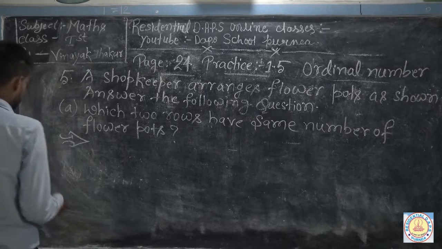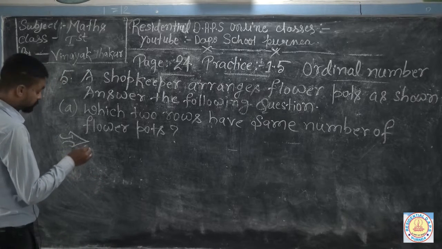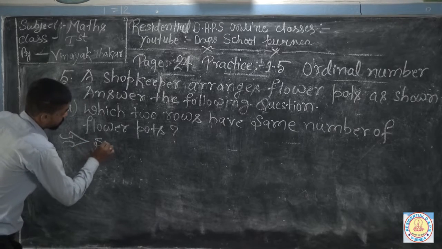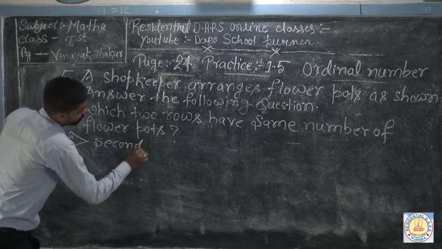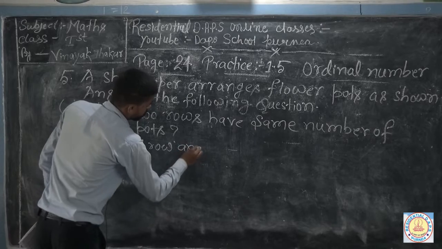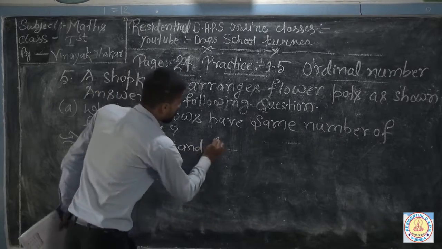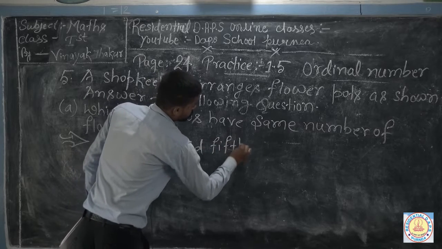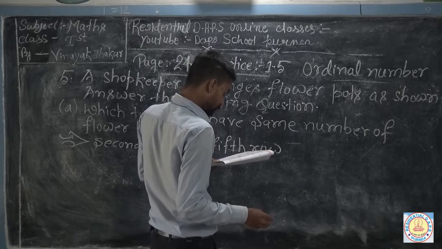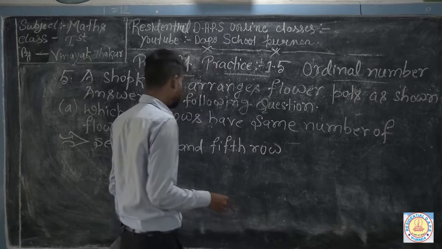So you can find out easily that the second row and the fifth row have the same number of flowers.